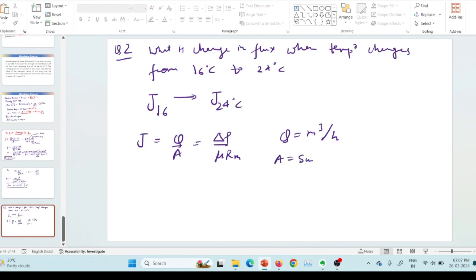And A is the surface area of clean membrane. Delta P is transmembrane pressure, in kPa.